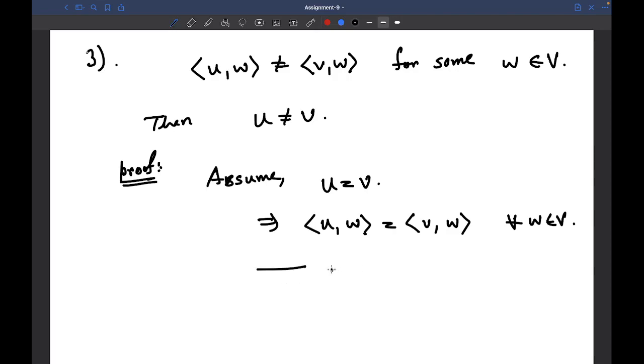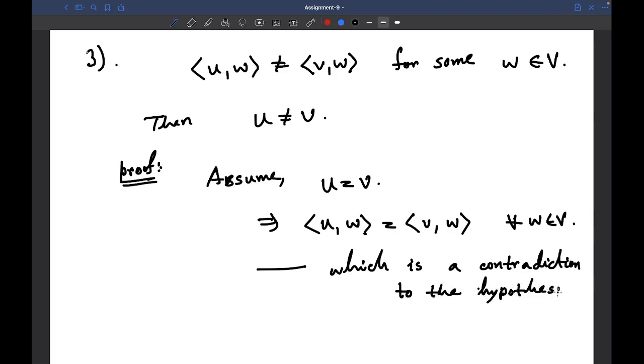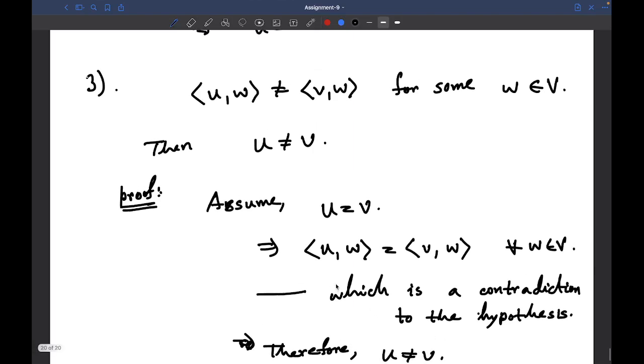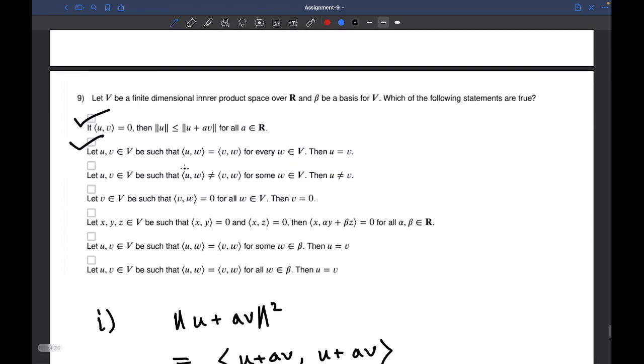Which is a contradiction to the hypothesis. Therefore U is not equal to V. So option number 3 is also correct.